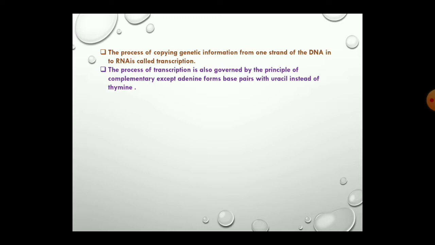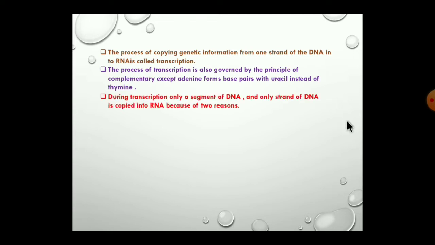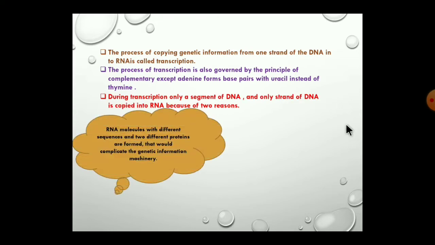The next question arises. Out of two strands of DNA, only one strand acts as a template strand for synthesis of RNA. Why not two? The first reason behind it is, look here, an RNA molecule with a different sequence will produce a different protein.